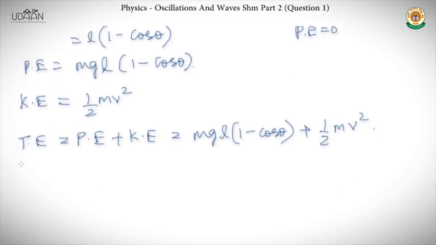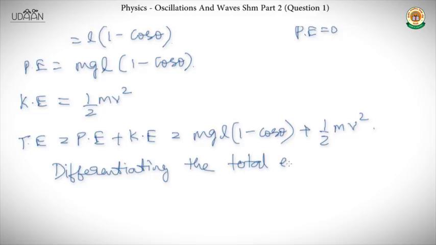As you know, the total energy of this system remains constant because there are no dissipative forces. We'll be differentiating the total energy with respect to time to get the equation of motion.